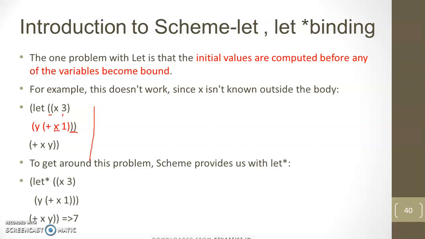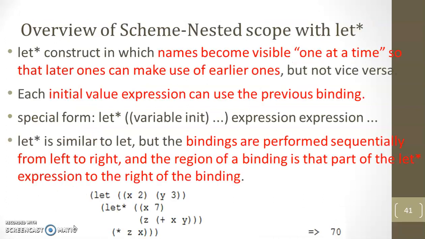You need to take the value of the variable that is defined outside this let, so it is not initialized outside the let construct, and no value is initialized for this x. In order to take the value 3, you need to make use of let star, in which x will take the value 3 and 3 plus 1 will be equal to 4. Here again x will be 3, y will be 4, giving the result 7.